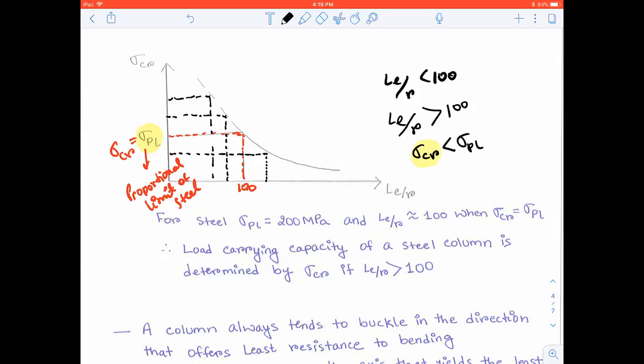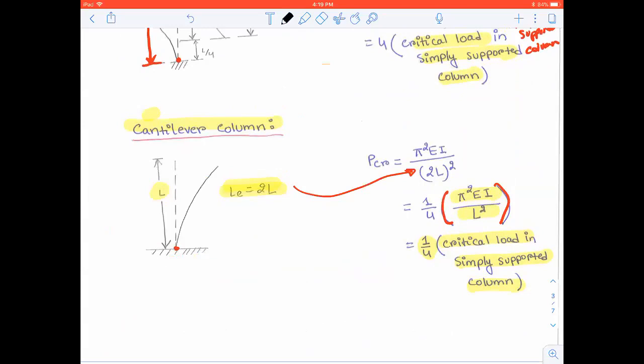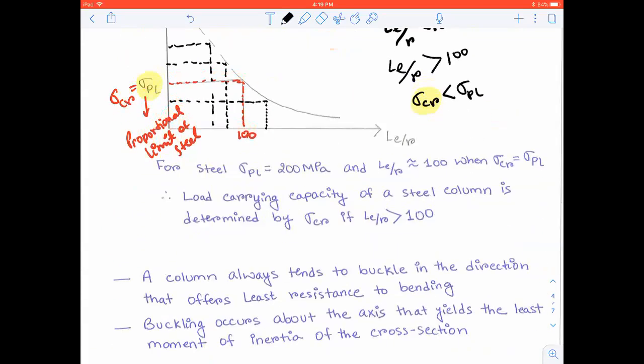And as you know, at the critical load causing critical stress, your column is going to fail by buckling.